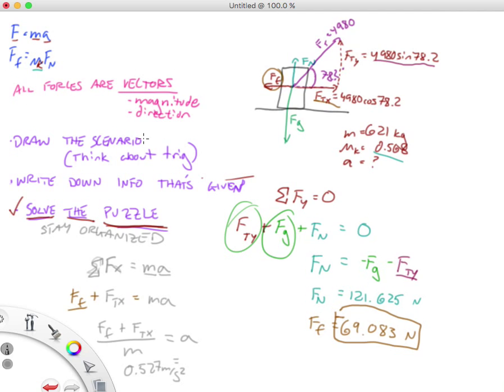You can use some trigonometry to figure out these vectors in here, but you should know that all forces are vectors, which means they have a magnitude and a direction. So this angle right here shows you the direction. You need to draw this scenario, think about trigonometry, write down all the info that's given, usually on this little diagram right here, and then solve the problem. There are different ways that you can solve it, but always stay organized.